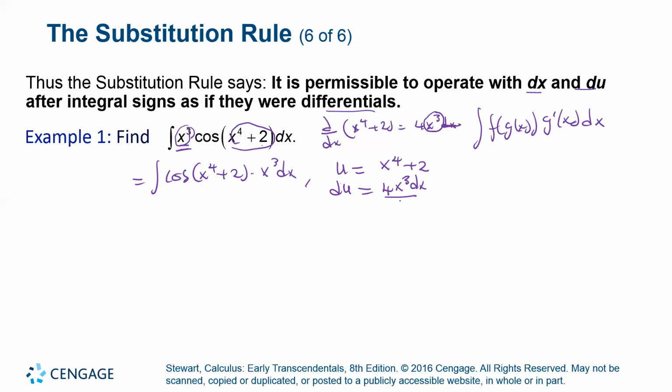Divide both sides by 4. Before I substitute u inside, I have cosine of x to the 4 plus 2 and then x cubed dx. Now this whole expression x cubed dx is du over 4.